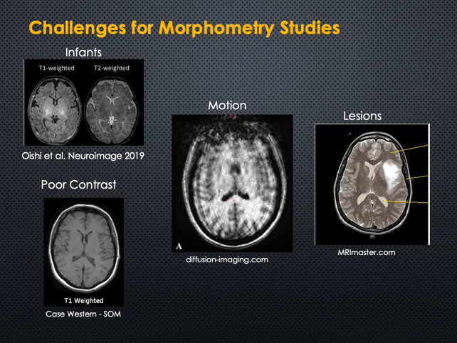And so those images are not really usable for quantitative studies. And then finally, studies that look at pathology, or if you have cases with unintended pathology, that will mess with the overall ability to do accurate segmentation and spatial normalization.